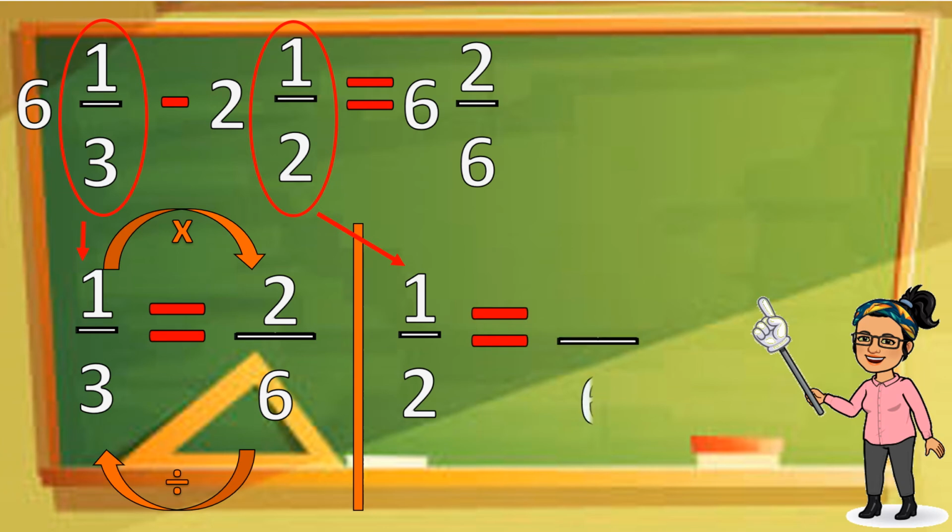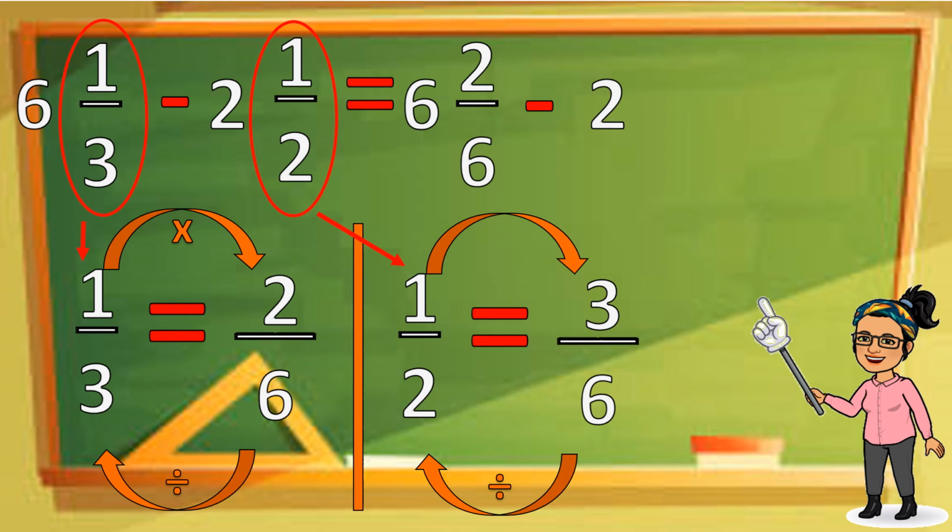Let's do 1/2. Again, change the denominator to 6. 6 divided by 2 is 3. And then multiply. 1 times 3 is 3. So 2 and 1/2 will become 2 and 3/6.